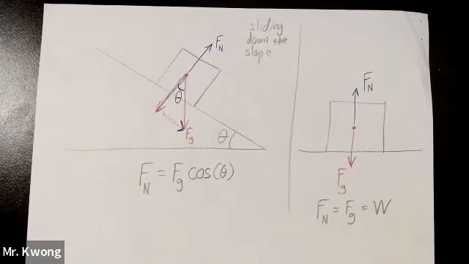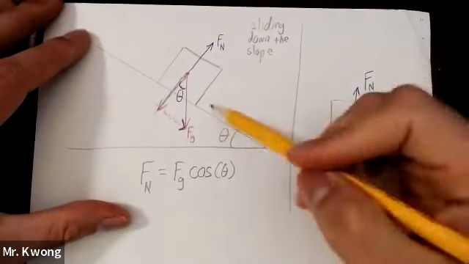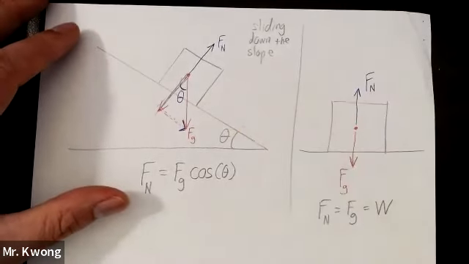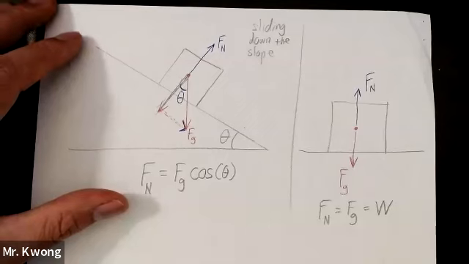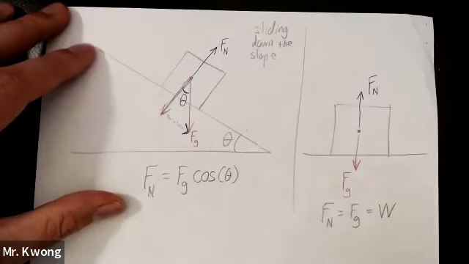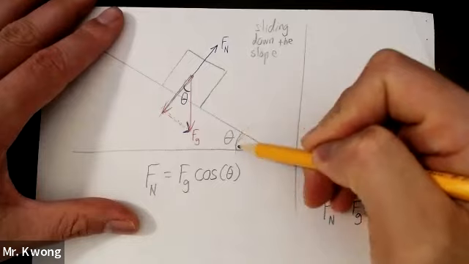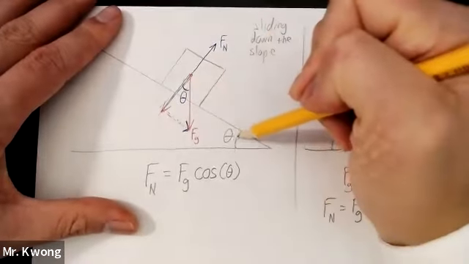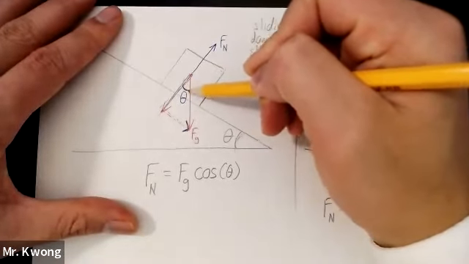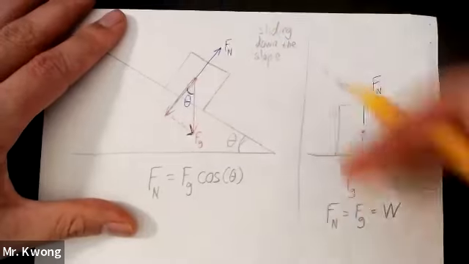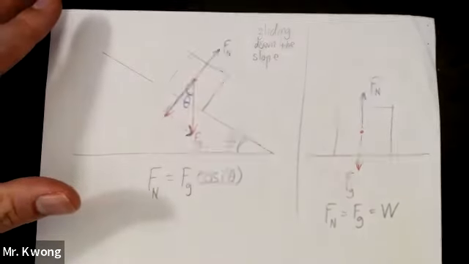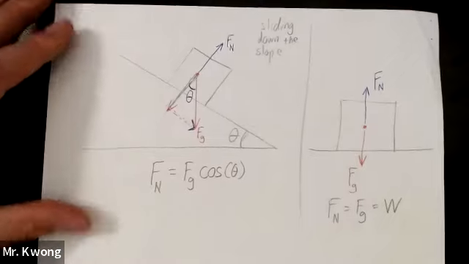Why is it cosine again? Sure. So cosine, sine, the definition of those things depends on the location of the angle. And when we have this angle here, this angle is the same as this angle. I'm not going to ask you to prove that geometrically or anything like that.